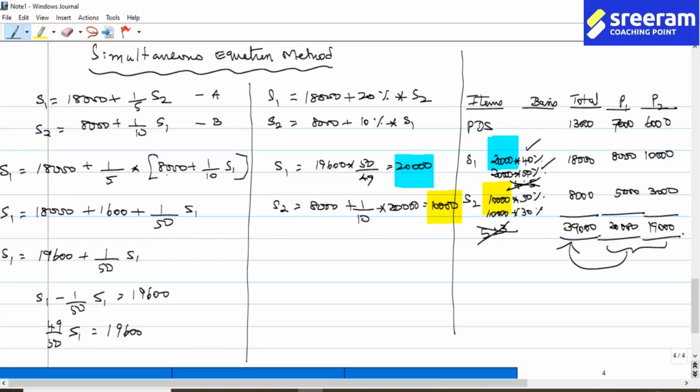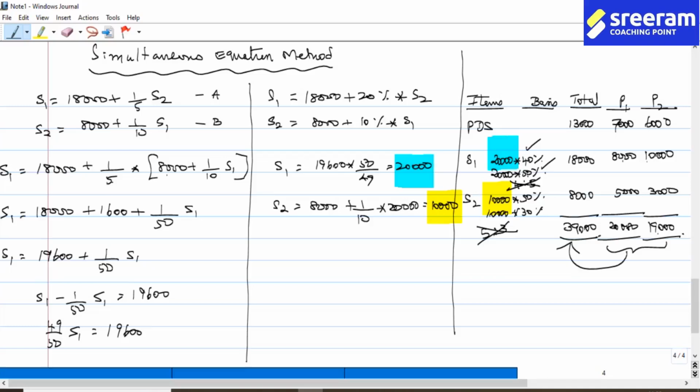If you have done it right, it will automatically match. So 20,000 plus 19,000 will be 39,000. Even if the sum of 8,000 and 10,000 is not matching, don't worry. The total will match. That is the secret.